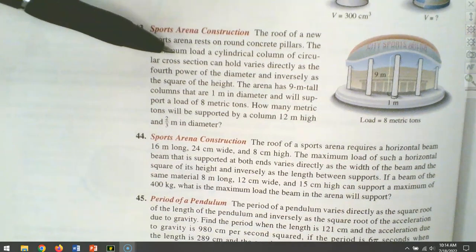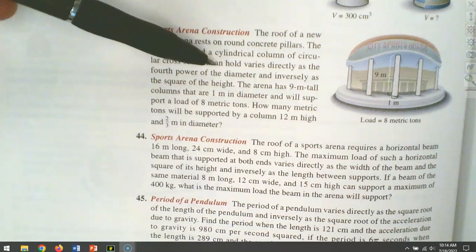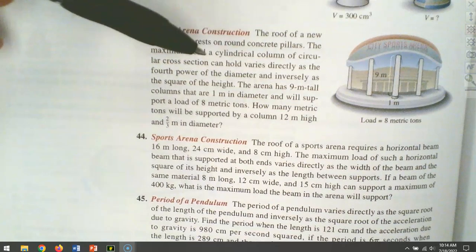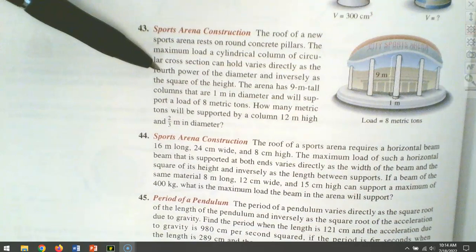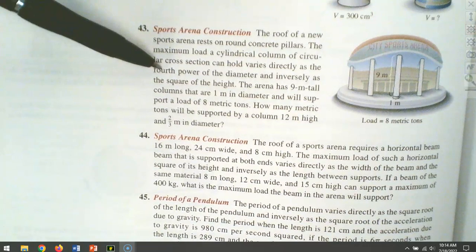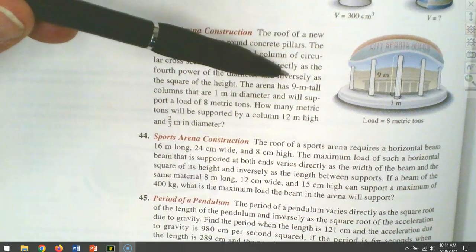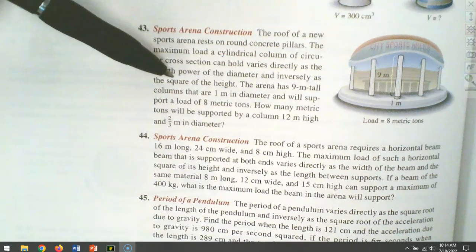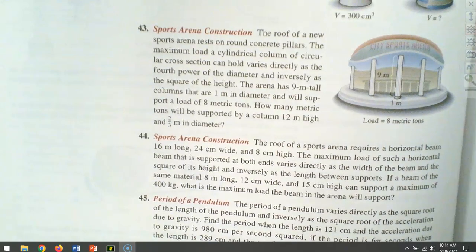The maximum load a cylindrical column of a circular cross-section can hold varies directly, and this is important here, varies directly as the fourth power of the diameter and inversely as the square of the height. So we've got to make sure that when we look at these, we know what goes where. And in this case, they're going to be raised to a power.